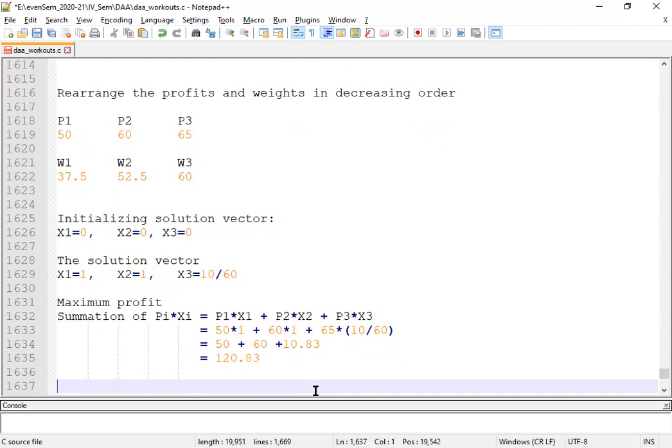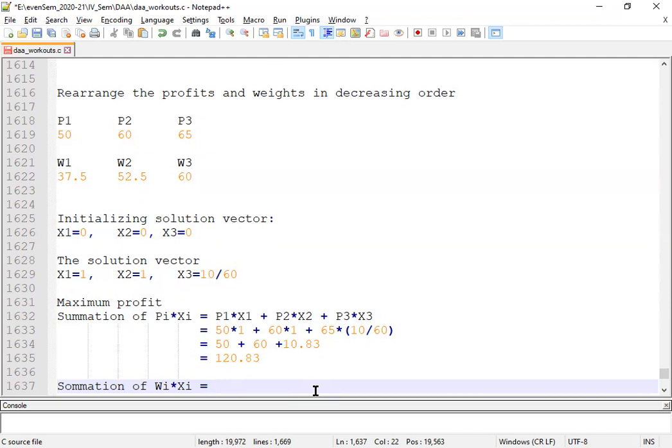Next, we are going to validate by calculating the summation of Wi into Xi. This summation of Wi into Xi should come exactly equal to the total capacity of the knapsack.